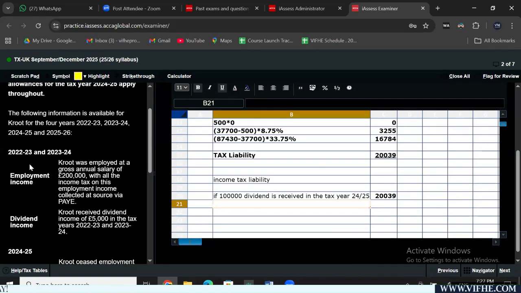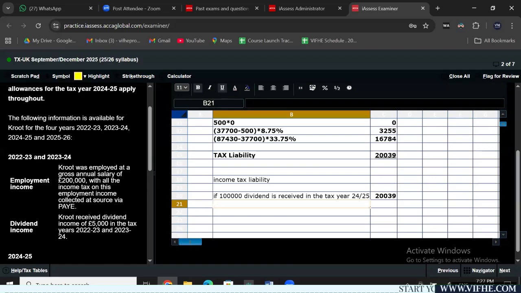Let's have a look at the information related to the tax year 22-23, where it is said that Crude's employment income was £200,000 in each of the two tax years, which must make you believe that he's an additional rate taxpayer, right? This £200,000 is quite enough. And he was already receiving dividends of £5,000 in these two tax years as well, which makes me believe that the nil rate band of the first £500 has already been consumed because of the dividend originally received.